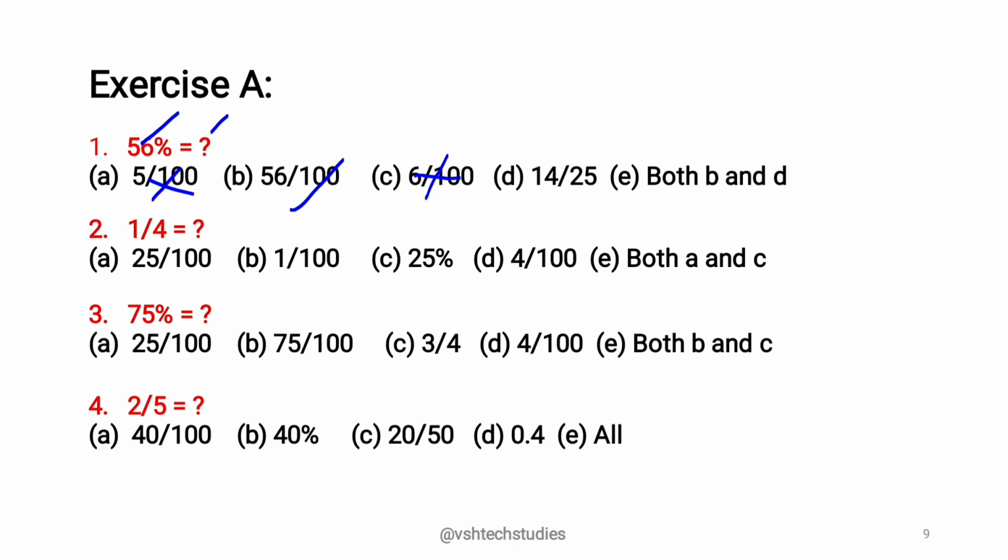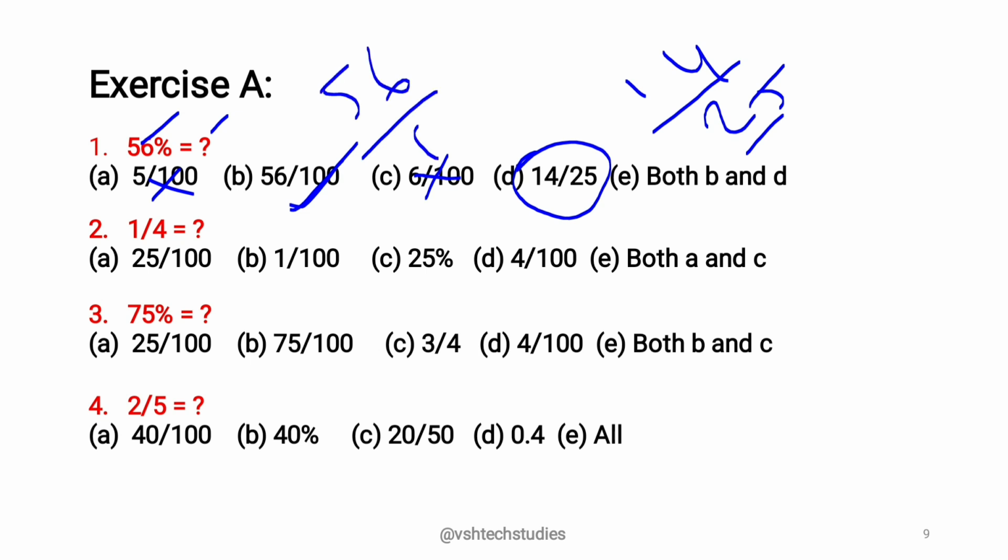So the another option is here, when B and D both are correct, when that option is there, B we have checked. So we'll have to check whether D is also right. So if you take D, 14 by 25 is given. So 56 by 100, if you divide by 4, 4 14s are, 4 25s are.